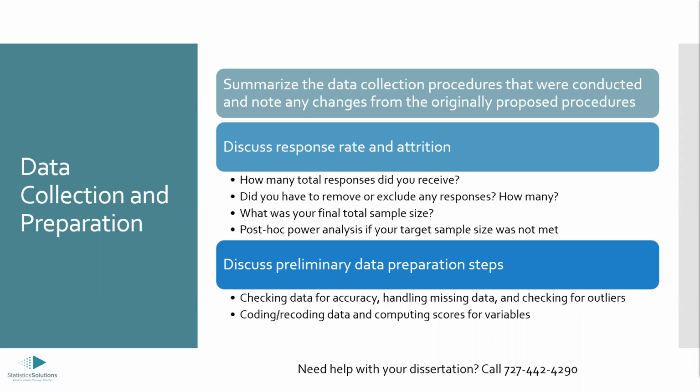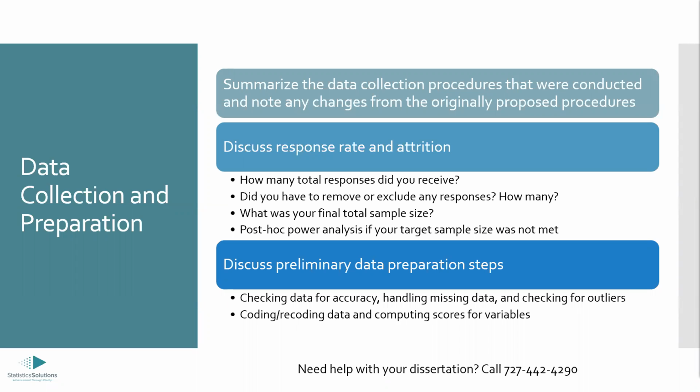In this section, you may also discuss preliminary data preparation steps. So this can involve things like checking the data for accuracy, especially if you did like an in-person paper and pencil survey and you had to enter the data manually into an electronic format. You want to make sure that you check that data entry to make sure it was done correctly and accurately.